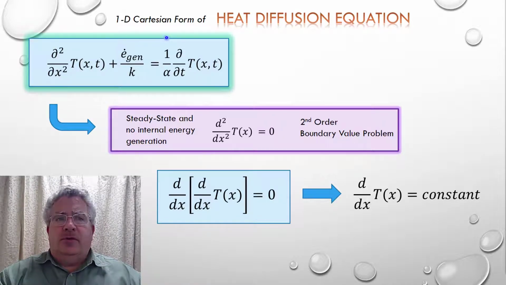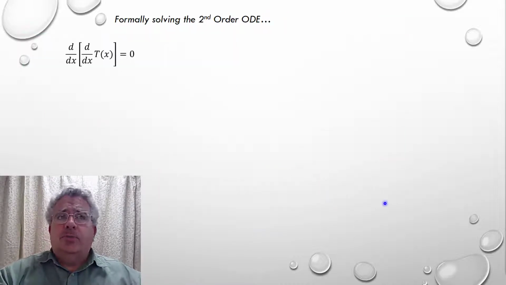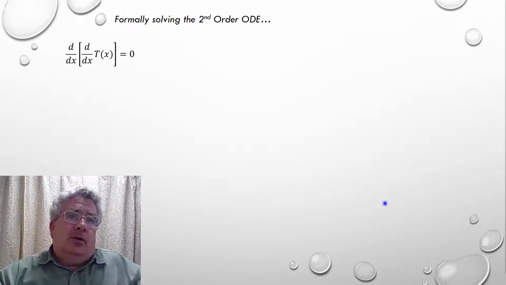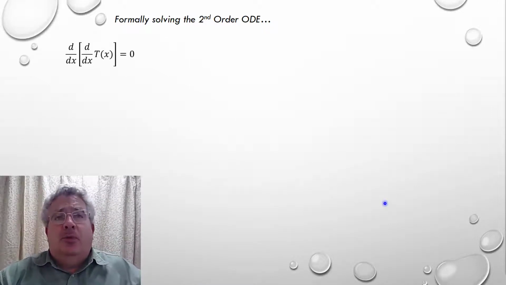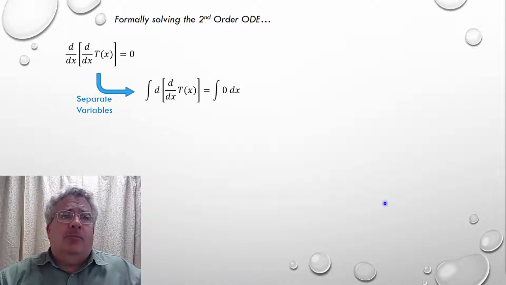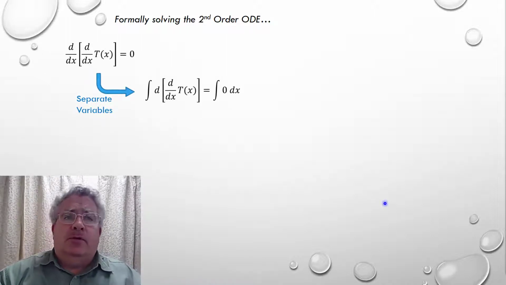And as we stated, since it's a second derivative, if I take the derivative of something and that equals 0, then that something has to be a constant. So we end up with dT/dx equal to a constant. So we have a second order ordinary differential equation. We kind of know what the answer is going to be, but let's go ahead and formally solve it. We separate our variables, that's our first step, and then we integrate both sides.